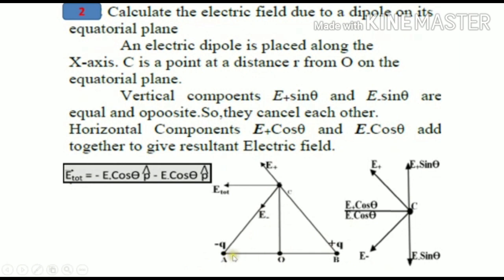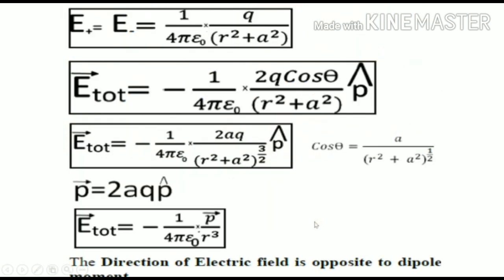Dipole moment is acting from minus q to plus q, and the electric field is acting in this direction. So both directions are opposite. So this is the result for the electric field due to a dipole on its equatorial plane.